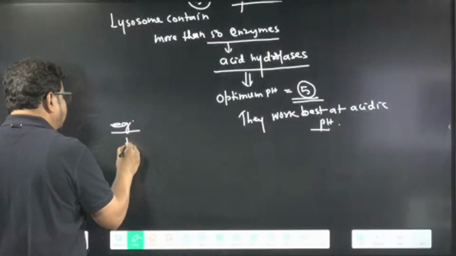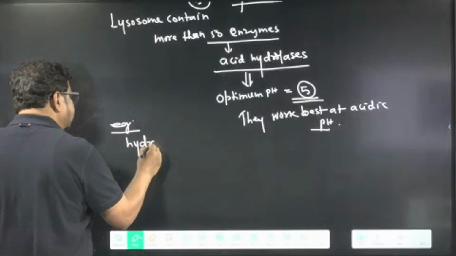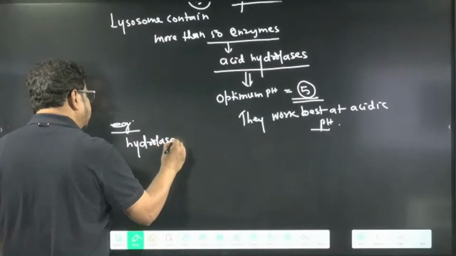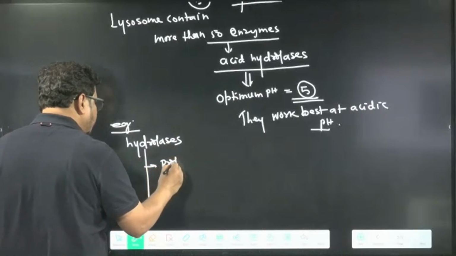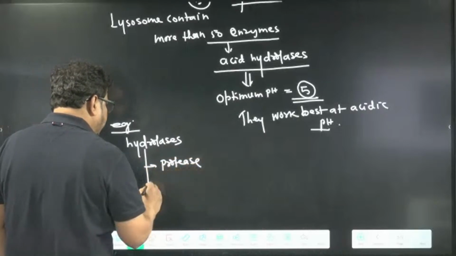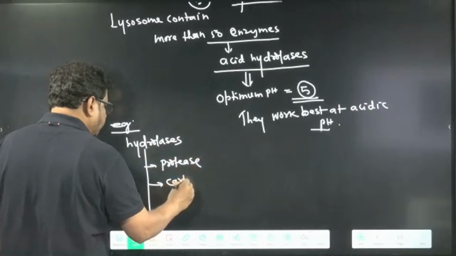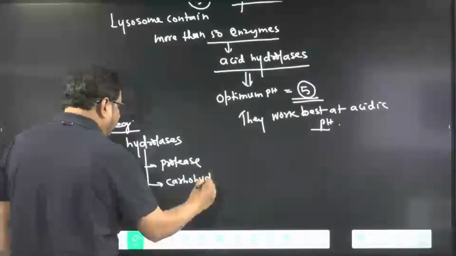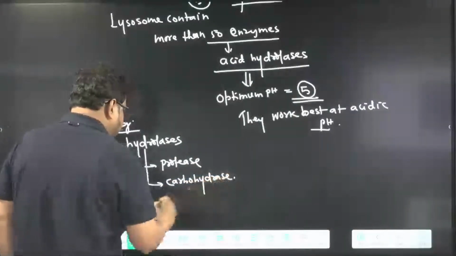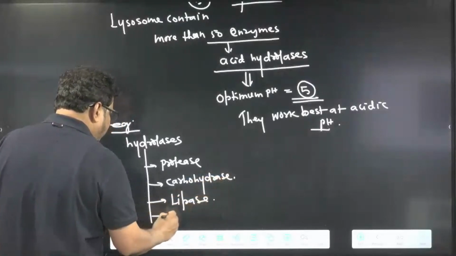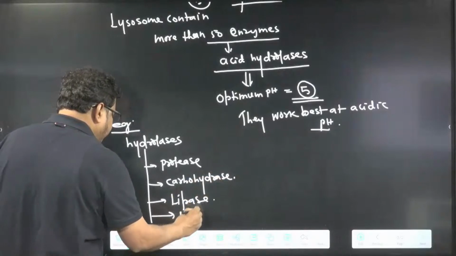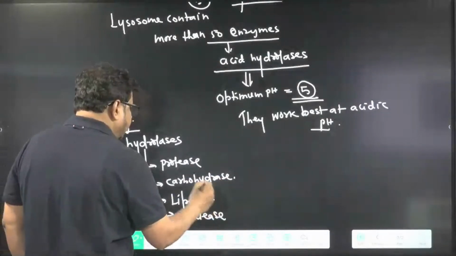Now some examples of enzymes. What did NCERT write? Hydrolase examples they wrote are protease, carbohydrates, lipase. They did not write the word nuclease, but I am writing nuclease.